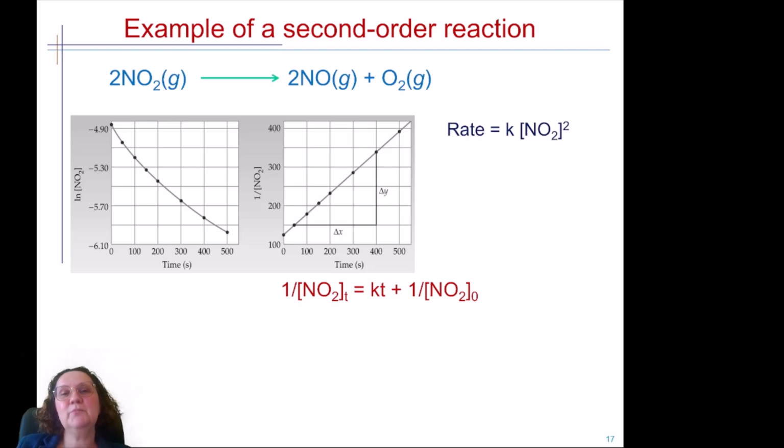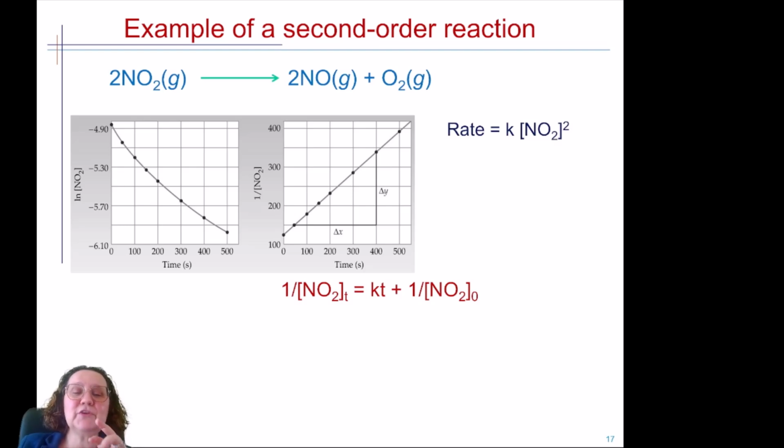A typical example of a second order reaction is the decomposition of nitrogen dioxide. Nitrogen dioxide can decompose into nitrogen oxide, NO, and oxygen, molecular oxygen. And that is a second order reaction. Why do I know that? Because when I represent the concentration of nitrogen dioxide versus time, it changes, it doesn't stay the same, so it's not a zero order reaction.